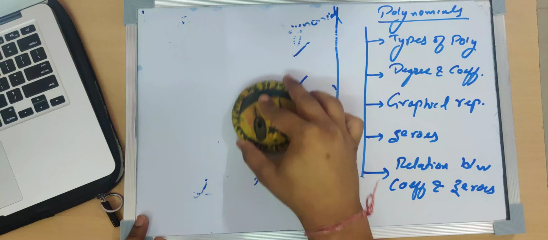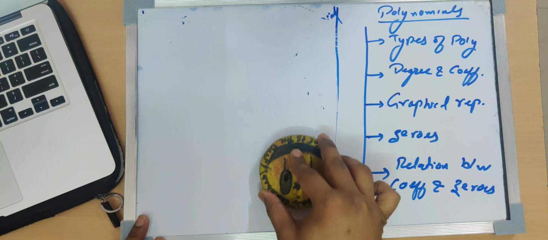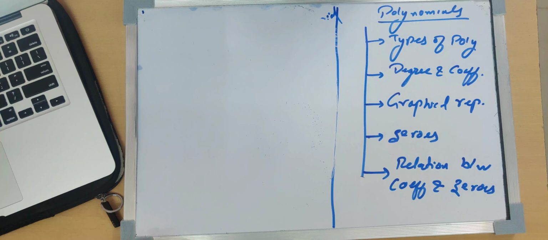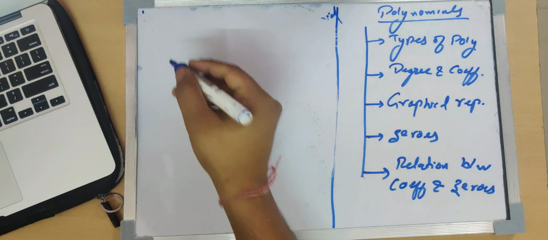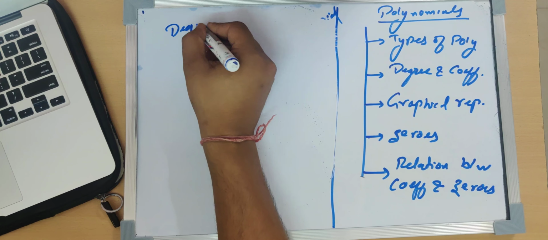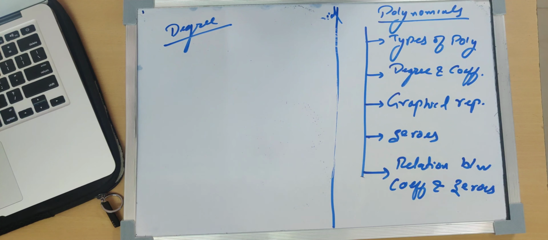Now, how many types of polynomials do we have? So for understanding the types of polynomial, first of all we will study the degree of polynomial. What actually the degree of the polynomial means. Because polynomial is classified in two ways. One on the basis of degree and the other on the basis of number of terms. Right. So first of all we will understand what actually a degree means in the algebraic expression of the polynomial.